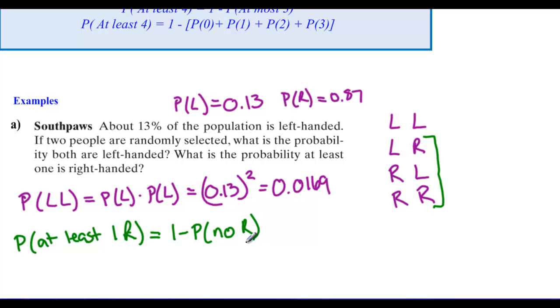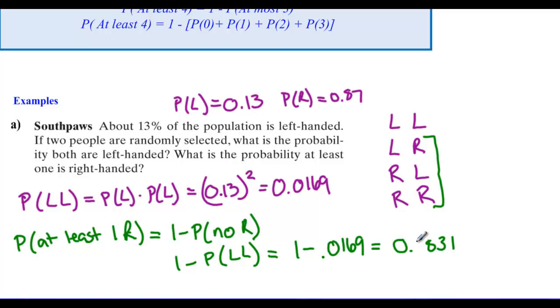Well, if you're not right-handed, we're going to assume you're left-handed. So no right-handed means that you're both left-handed. So that's going to be 1 minus, and we already figured out the probability here, 0.0169. And that's going to give us 0.9831.